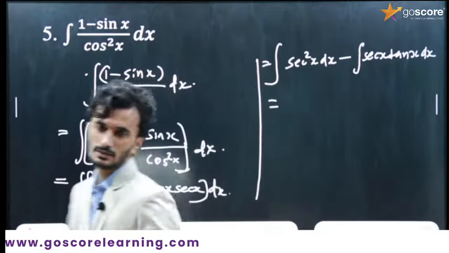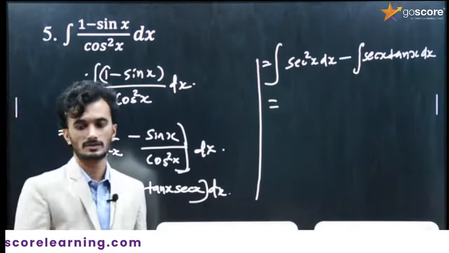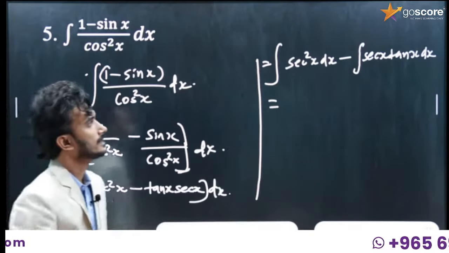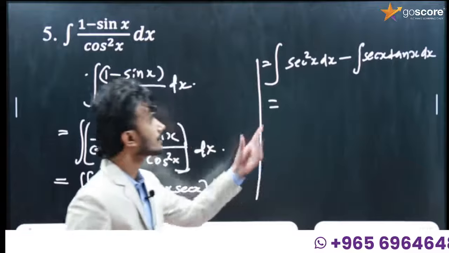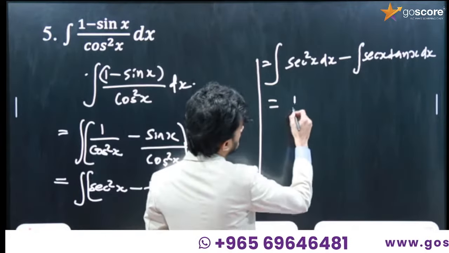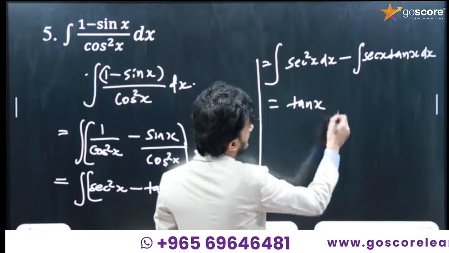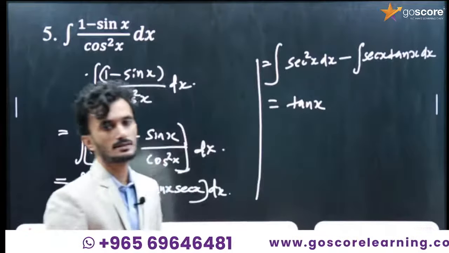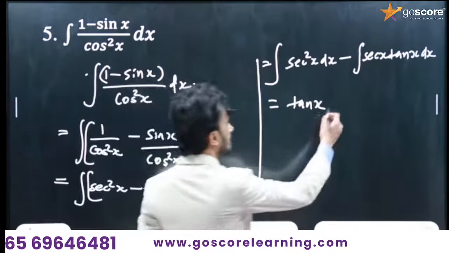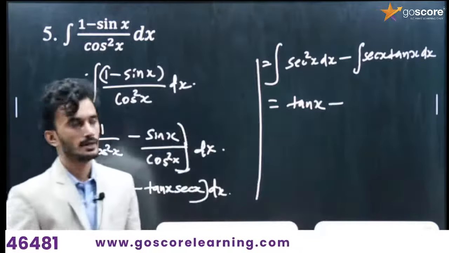What is the integral of sec square x? The integral of sec square x is tan x, minus the integral of sec x into tan x.